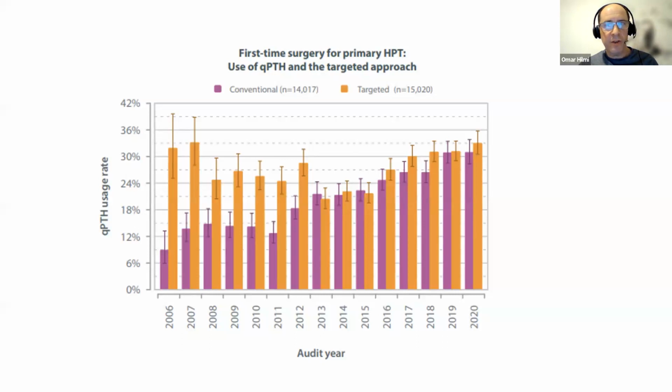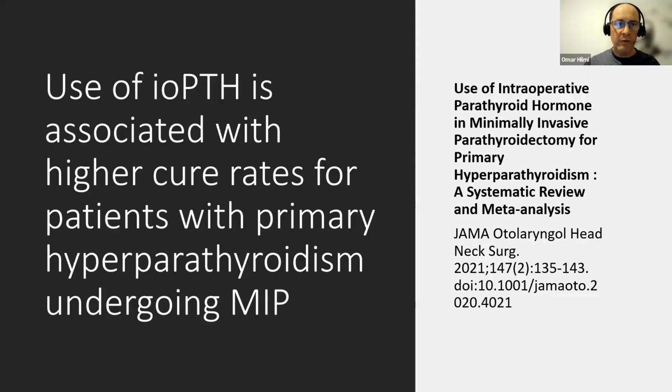So there is obviously a thirst for us to be using this. And of course, the reason is that there is evidence that this works. And none of us like to be in the position of telling our patients that we've not done the operation or we've not cured their condition when there's the option of not.